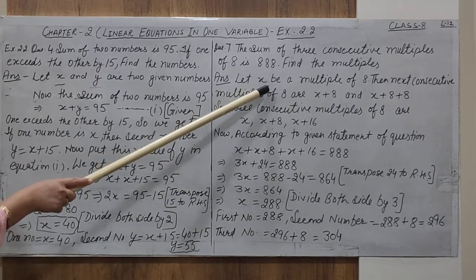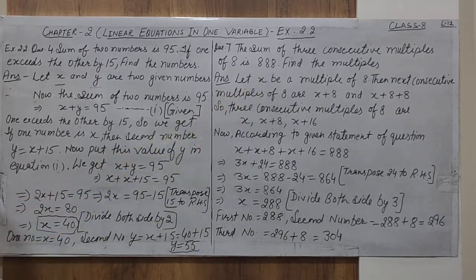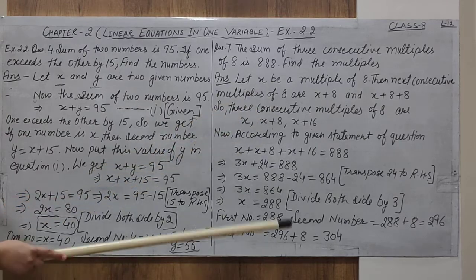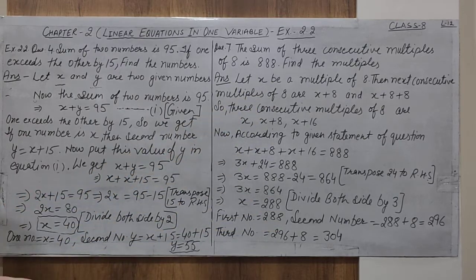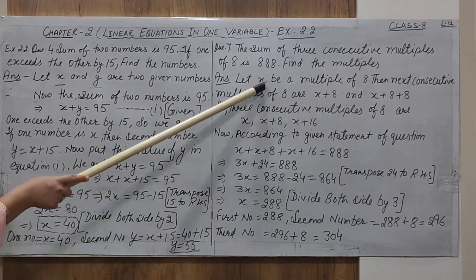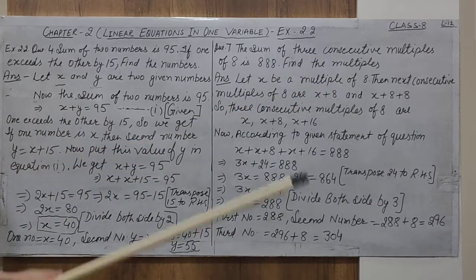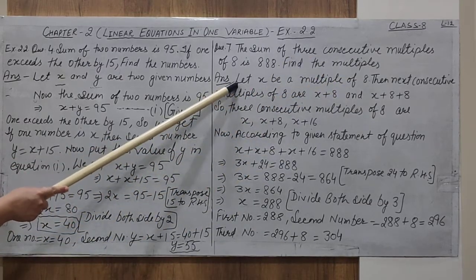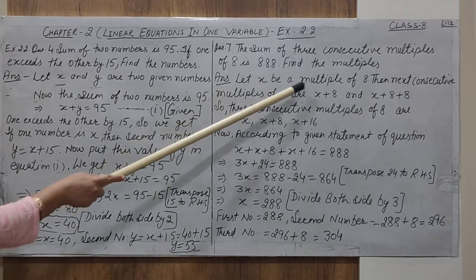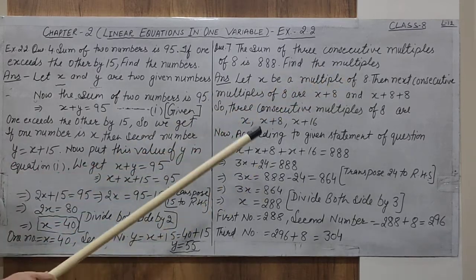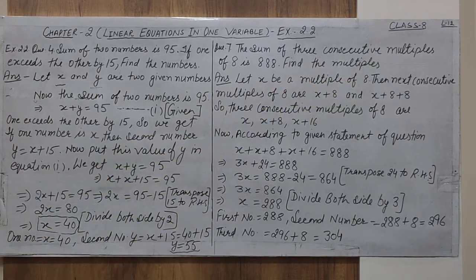This number is not 8. This is a multiple of 8. This can be 16. This can be 24. A multiple of 8, which is divisible by 8. So let means you have supposed that x is a multiple of 8. This is the one number that is a multiple of 8.